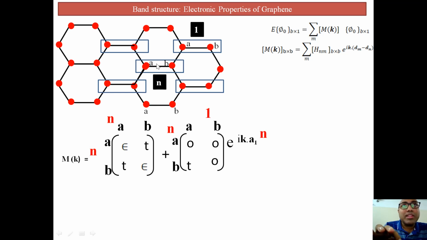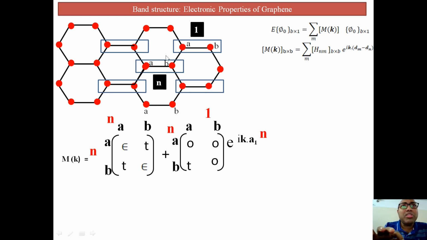I am writing the nth unit cell, and it has 2 components, atoms A and B. Similarly, the first unit cell has components A and B, right? Now look, this component: A of the nth cell multiplying A of the first cell.